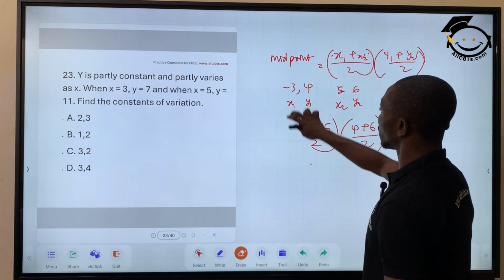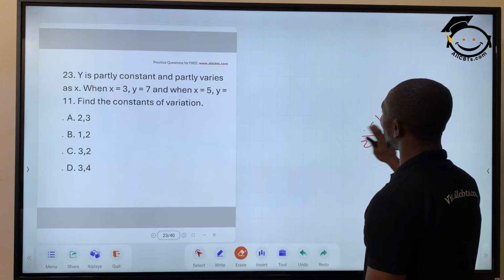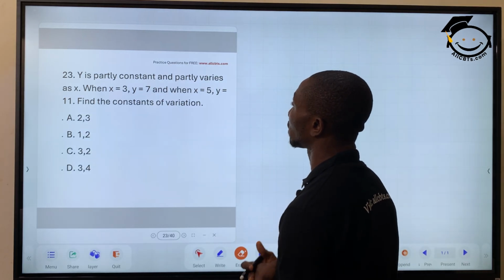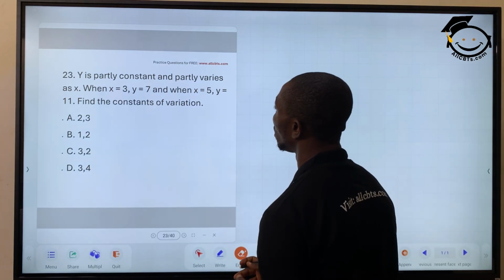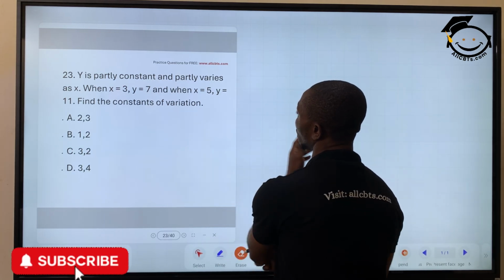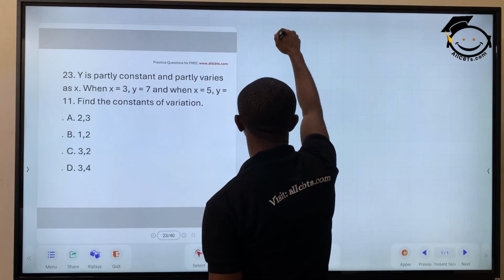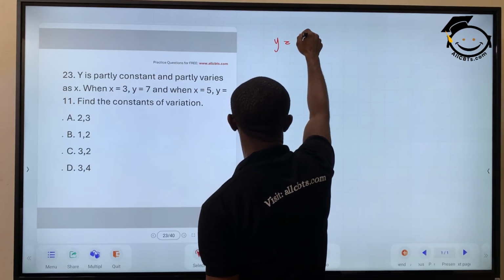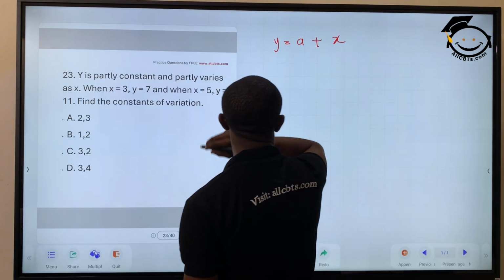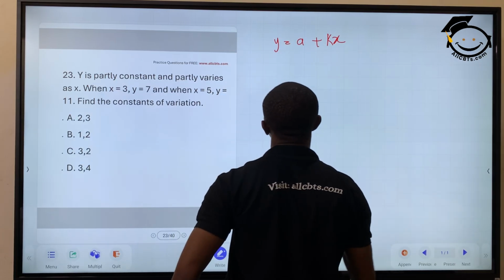And the next question says, y is partly constant and partly varies as x. When x is 3, y is 7, and when x is 5, y is 11. So we have y is partly constant A and partly varies as x. Introducing a constant of proportionality as k.